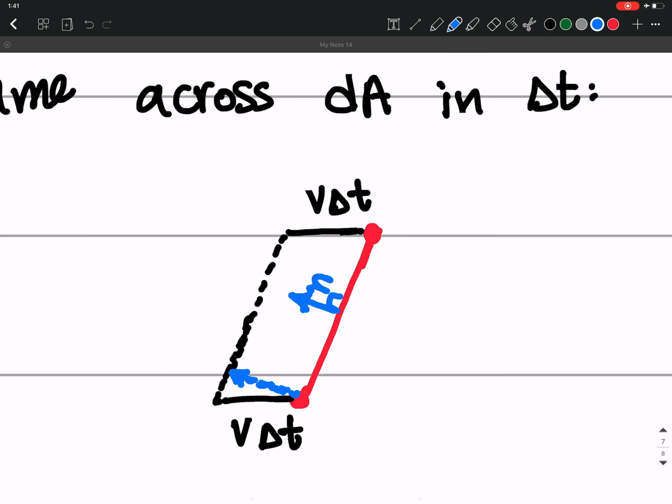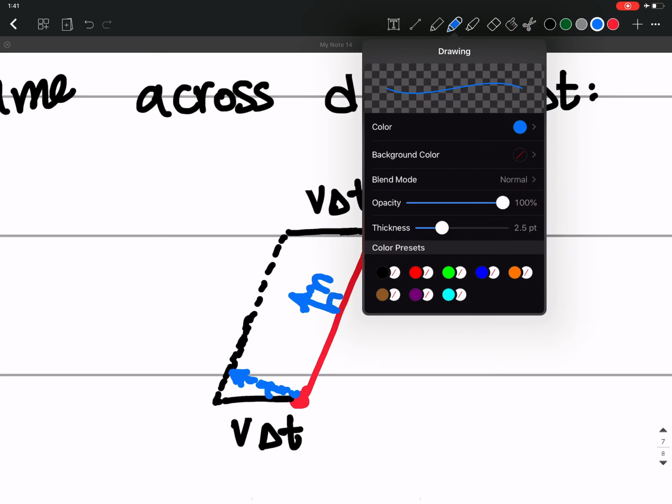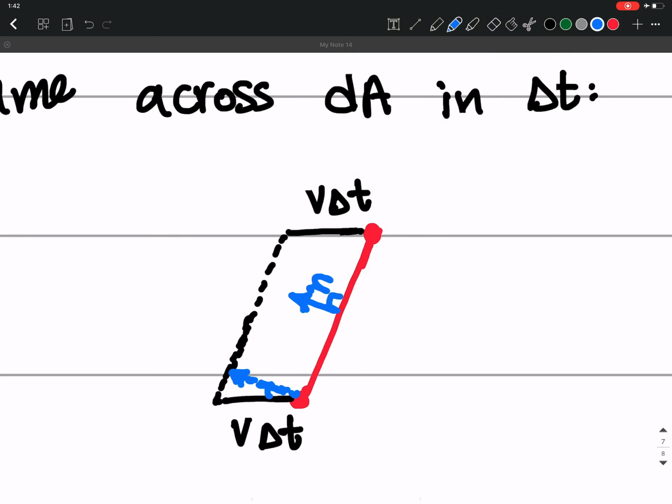So if this angle is theta, this is theta, and this is also perpendicular to that.